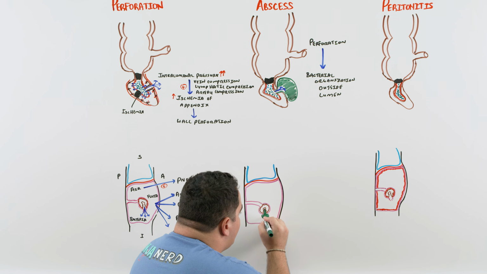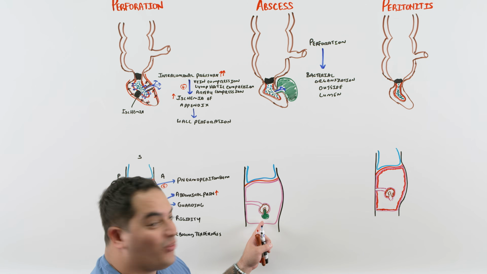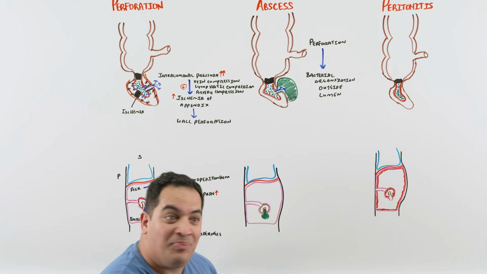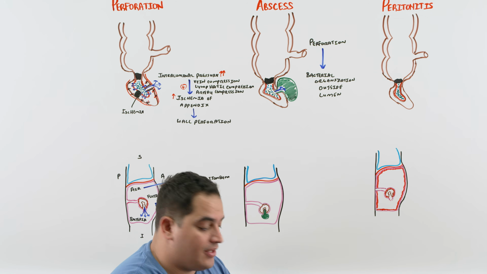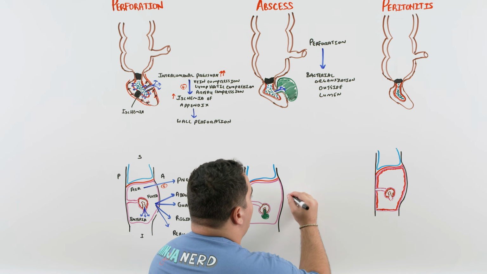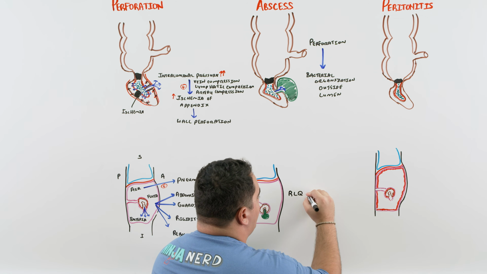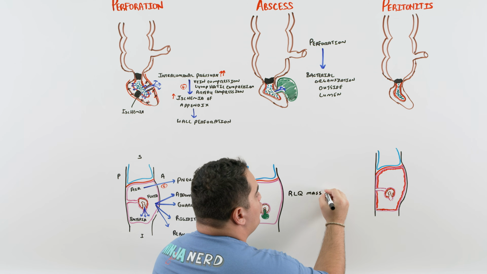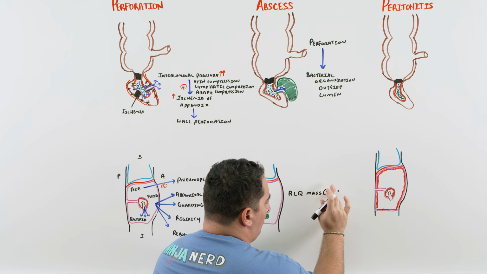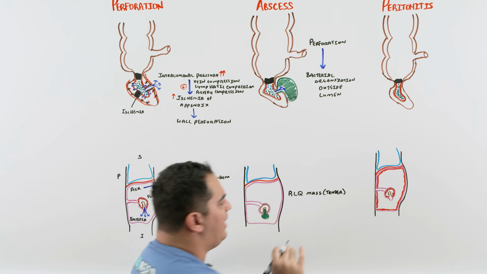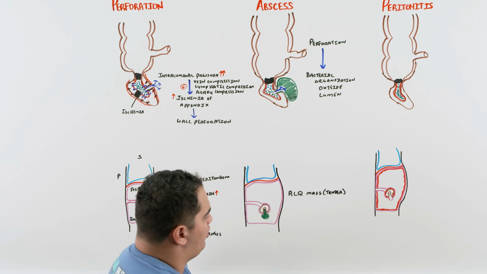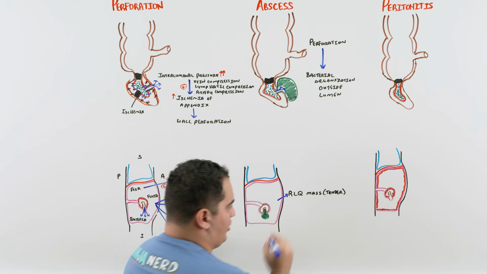If you go in the right lower quadrant and palpate, if the abscess is big enough, you may be able to palpate a mass. So you may have this right lower quadrant mass that is extremely tender. You may feel somewhat of a bumpy area there, but again, it's usually going to be super, super tender to palpation.